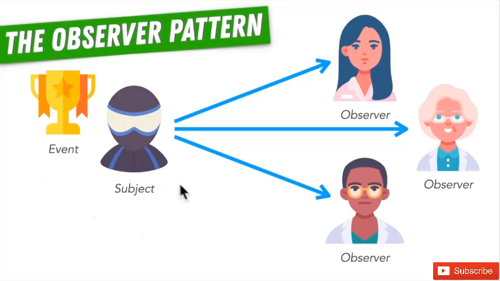So our race car driver can win a race on hopefully multiple occasions. Or they might start driving a new car. Whatever the event, there's a many-to-one relationship between observers and subjects. All that means is that just one subject can have many observers.